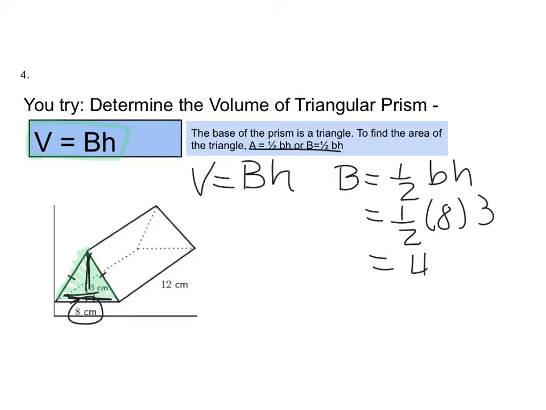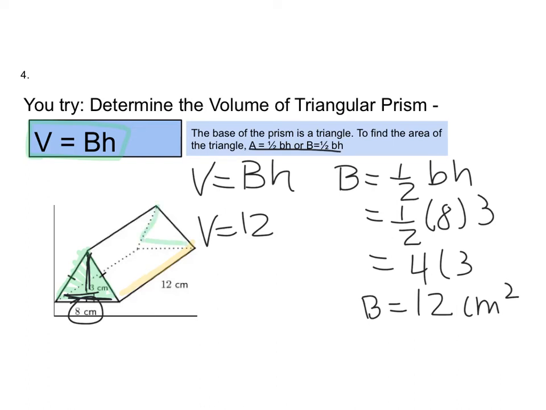Half of 8 is 4. 4 times 3 is 12. And 12 centimeters squared is the area of this base, which is highlighted green. Now I'm going to substitute this back into my formula up here. Capital B is 12. The height of the prism is the distance between the two bases.